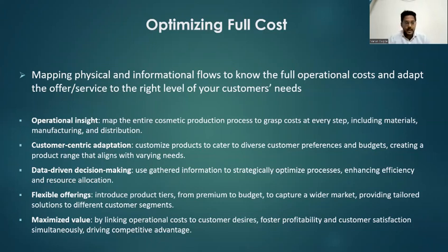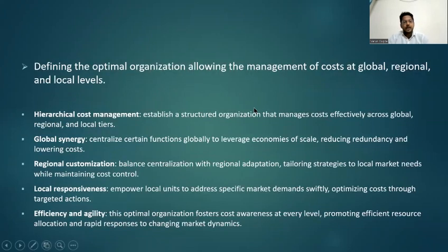Now, the second is the cost management hierarchy. In the cost management hierarchy, we can establish a structural organization that manages cost effectively across global, regional, and local tiers. We can centralize certain functions globally to leverage the economies of scale.